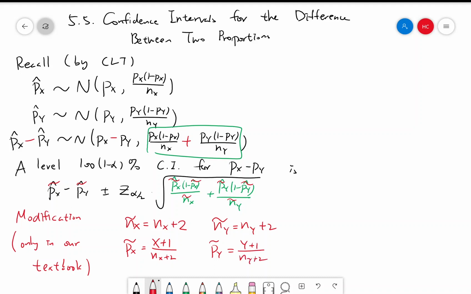Remember in section 5.2, we were adding 4 and adding 2 instead. But now, because we have two experiments, we're adding 2 and adding 1 for each of the experiments. So you can think of it as adding 1 success and 1 failure for each of x and y.